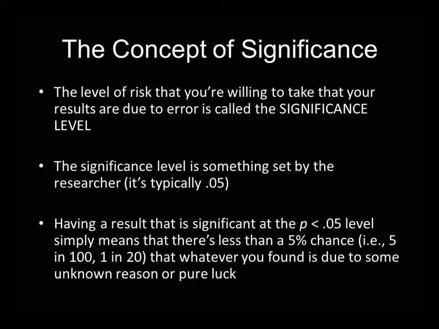And having a result that is significant at the p less than 0.05 level, meaning that that's the significance level we've set, we want our risk to be less than 0.05, simply means that there's less than a 5% chance, for example, 5 in 100 or 1 in 20, that whatever you found is due to some unknown reasons or it's just pure luck.